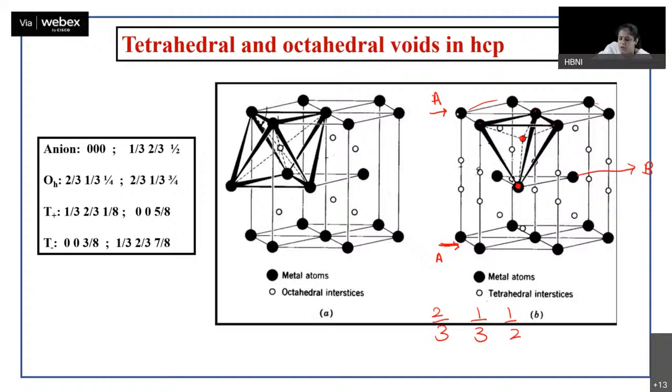So the x and y coordinates of this hole are the same, 2/3, 1/3. Now I have to decide what would be the z coordinate. So in a tetrahedra, along the c axis, along the length of the tetrahedra, the center of gravity is closer, suppose this is the length of my tetrahedra.